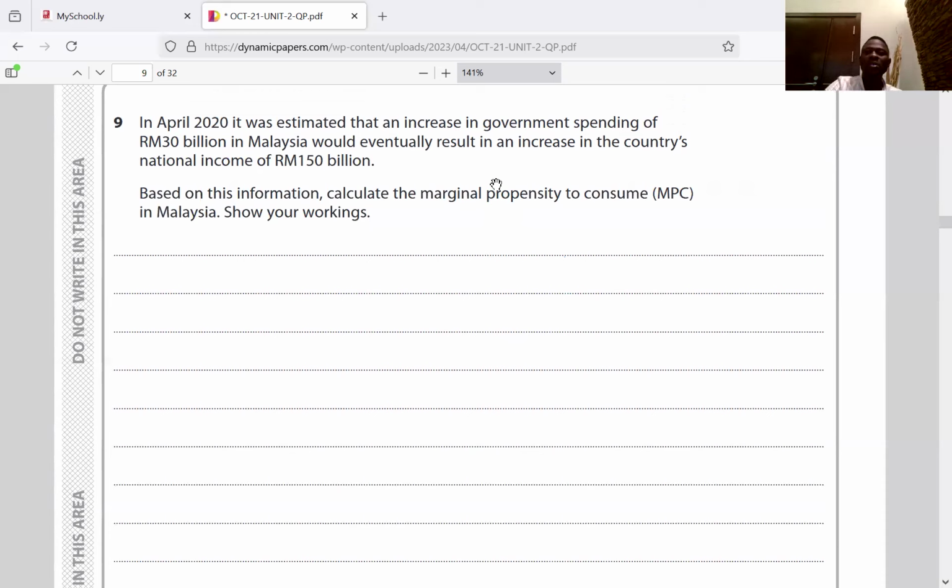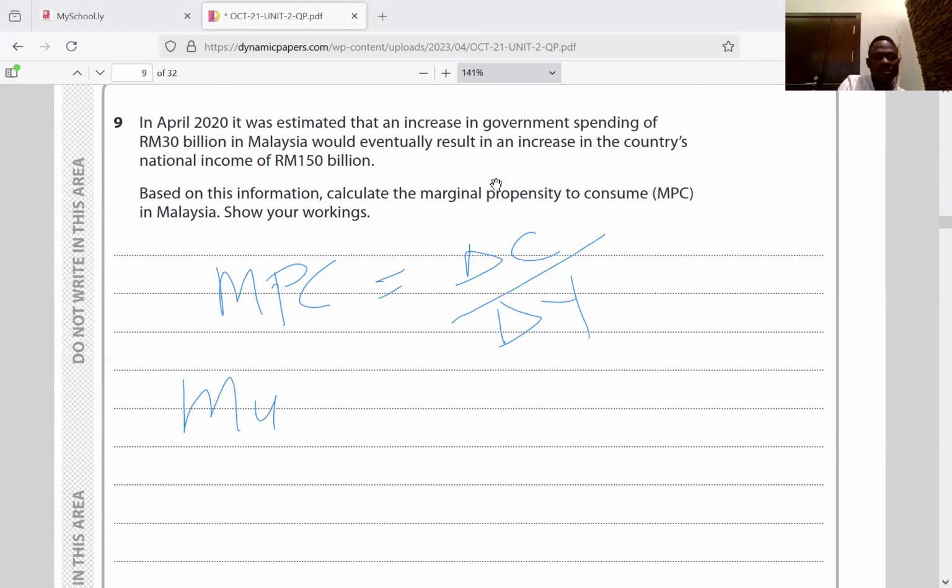So MPC, marginal propensity to consume, is change in consumption over change in income. Then our multiplier equals 1 over 1 minus MPC.